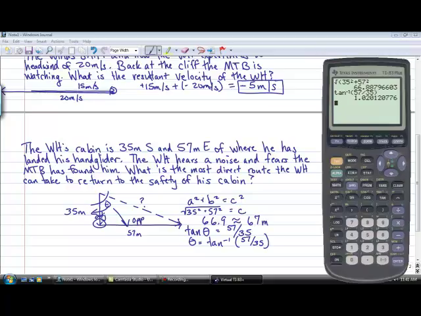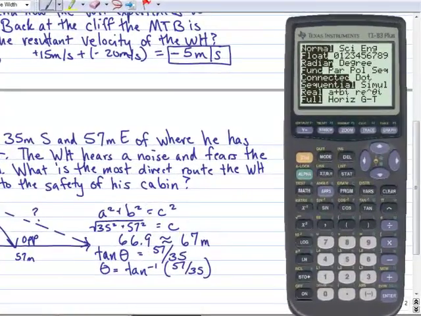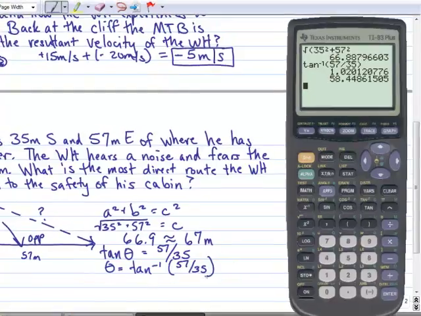And you see I have a very low value. I have a value of 1.02. That's a clue that, hey, maybe I'm in the wrong mode. So I'm going to check my mode, and sure enough, I'm in radians, so I need to change that over and hit degree, hit enter, and then second quit, and hit enter again, and that gives me a value of 58.4, or if I'm using the correct number of significant digits, 58 degrees.